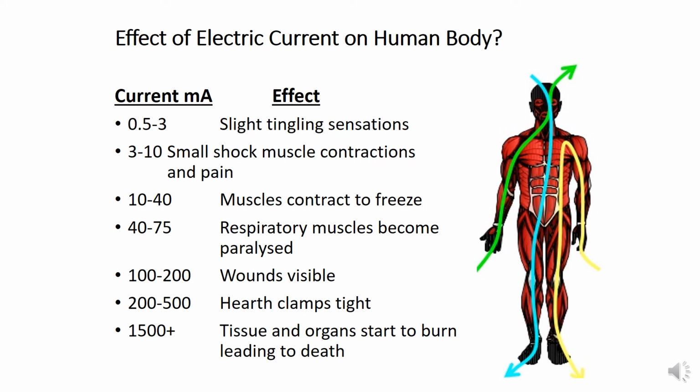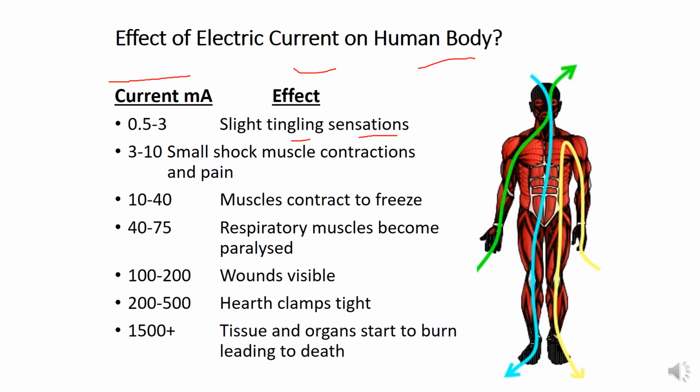In this slide, you can understand better about electric shock and its effects on the human body, comparing the effect with the current in milliamperes. For example, a current of 0.5 to 3 milliamperes can cause a slight tingling sensation, a kind of itching, which is not dangerous or harmful.